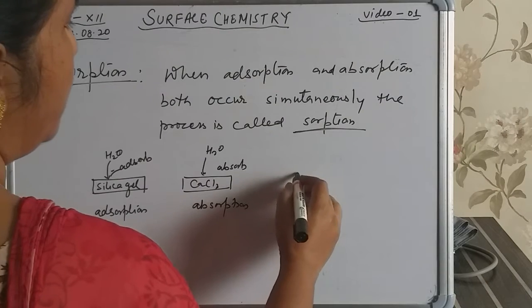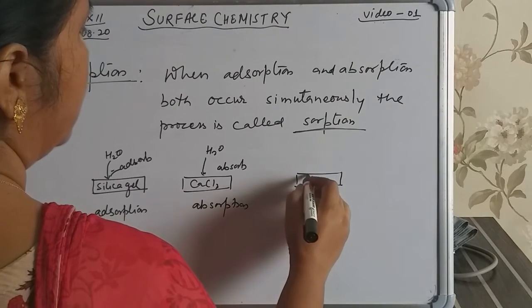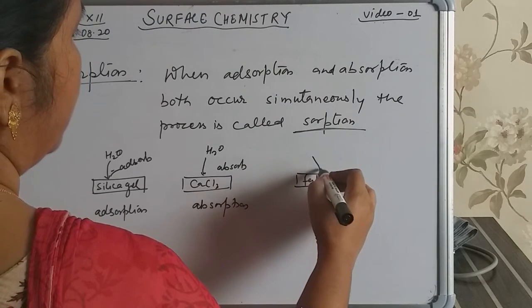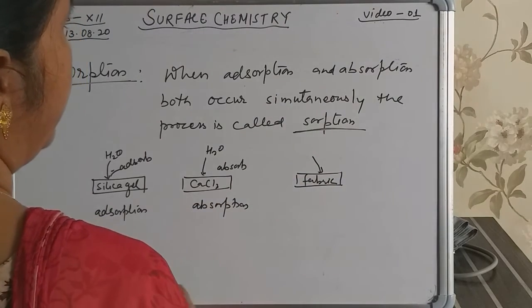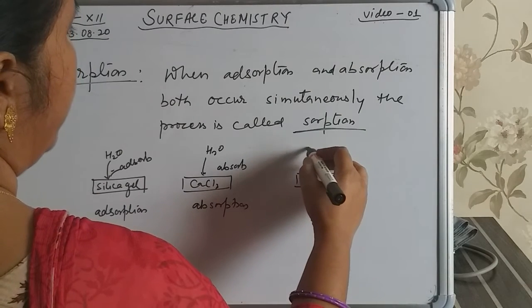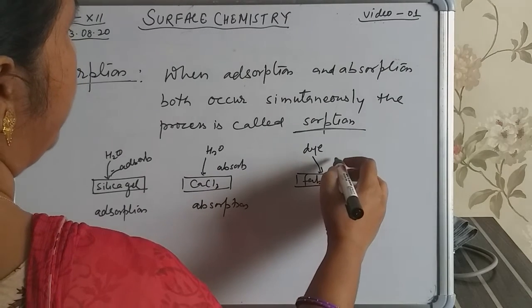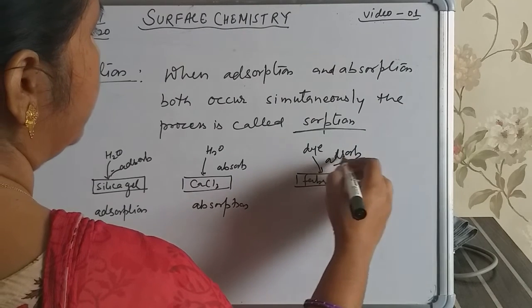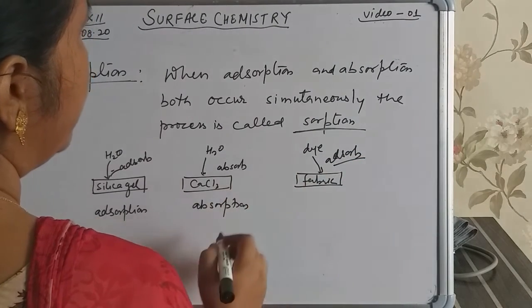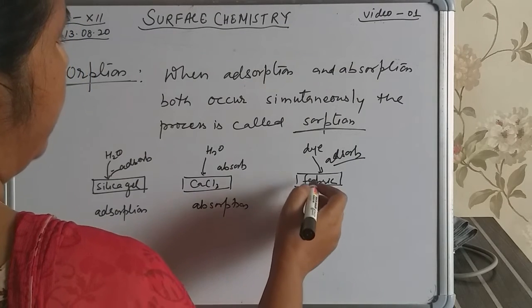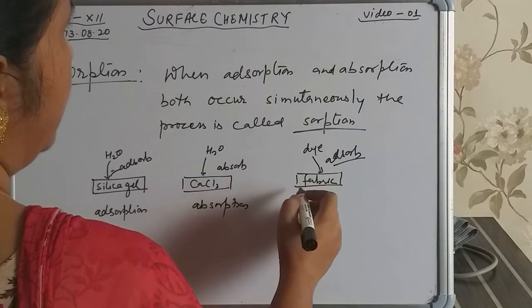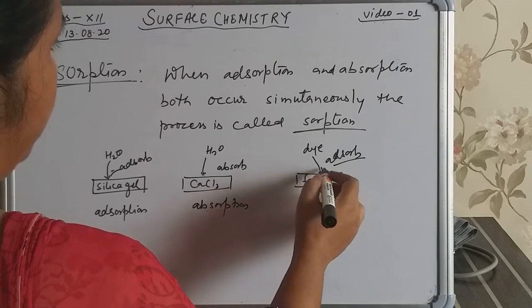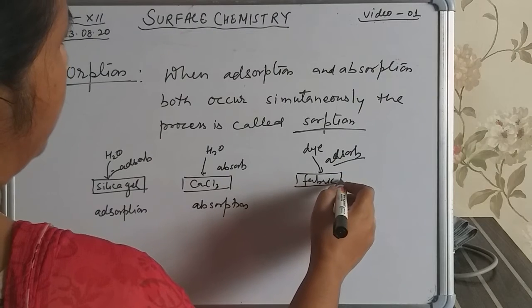And suppose we have a fabric, and we dye this fabric. When we dye it, the dye is adsorbed because it is present at the surface, as well as present in the bulk of this particular fabric.